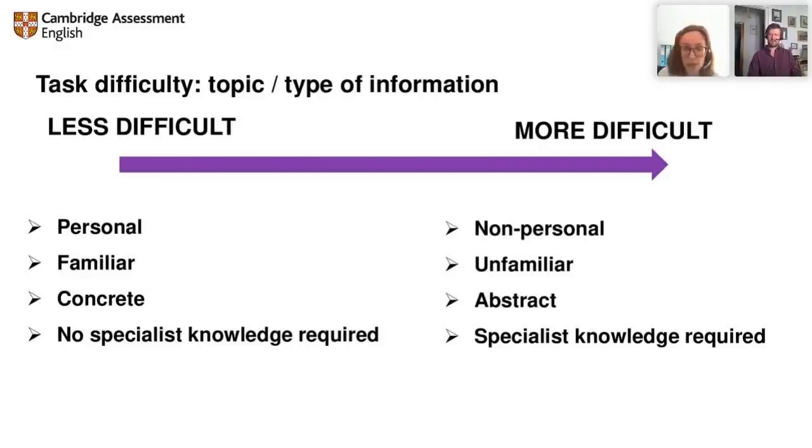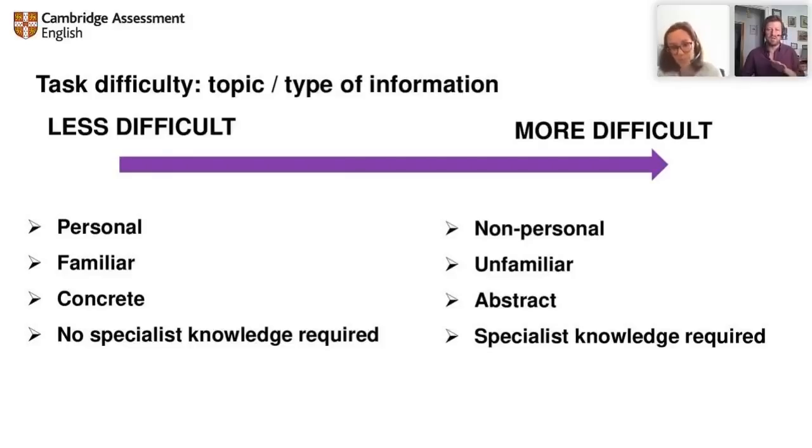So in this case, looking at the topic and type of information included, less difficult tasks usually involve personal, familiar, concrete information and topics where no specialist knowledge is required. When we want to make them a bit more challenging, we're going to be looking at non-personal and familiar abstract topics, or some areas in which specialist knowledge is required.